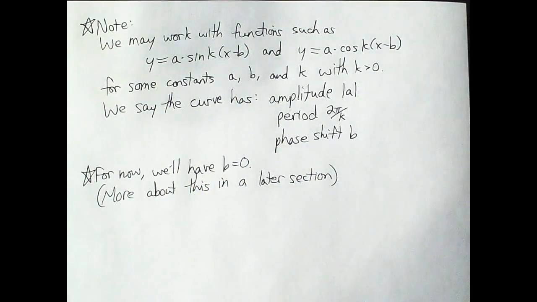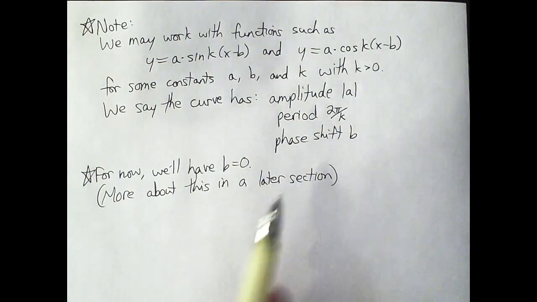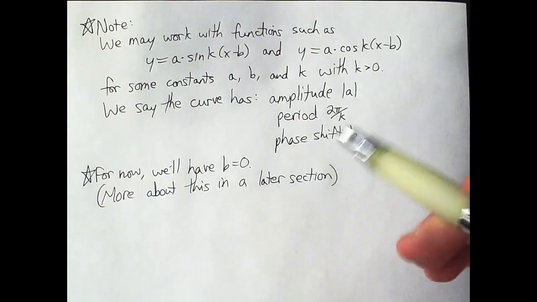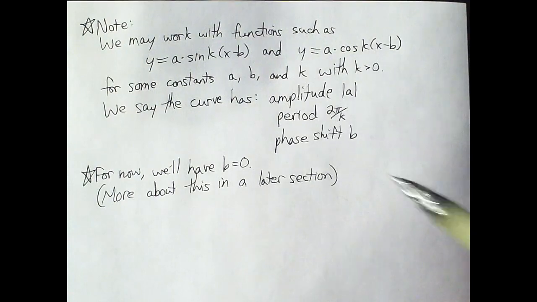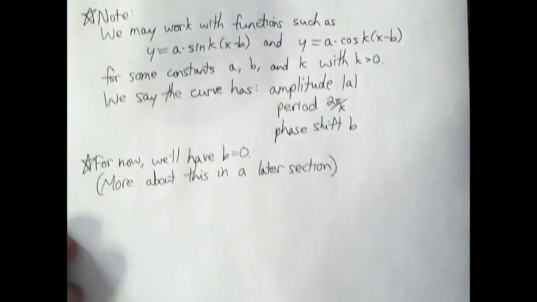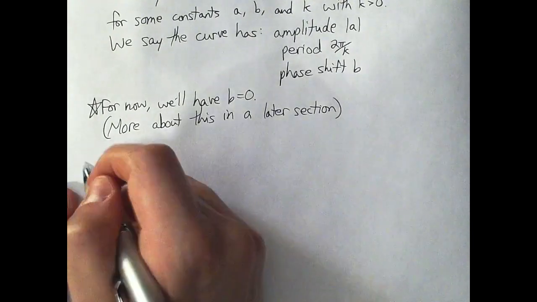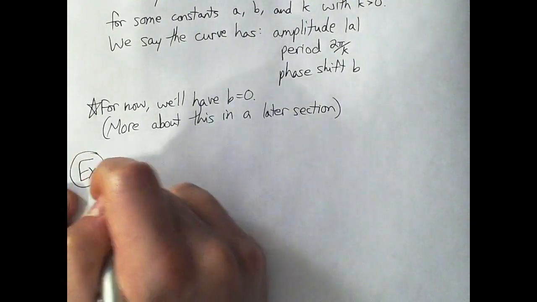Having an a out front, having a k attached to it, having a minus b, they all perform different graph transformations. So what I'd like to do for this section is show you one example, and then in a later section, when we revisit this, we can go into more detail about these concepts of amplitude and period and phase shift. So don't stress out about them too much right now. I just want to show you an example of graphing.